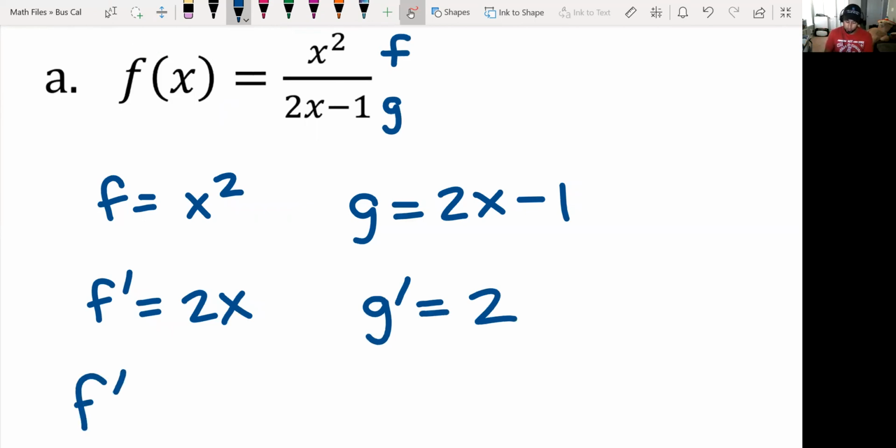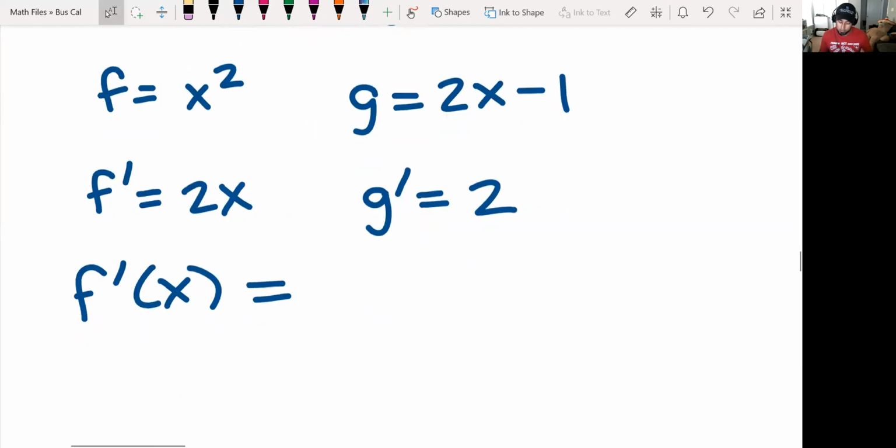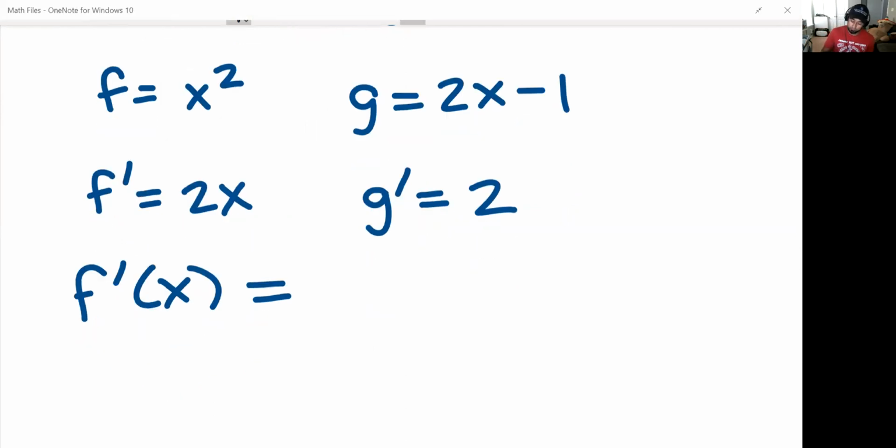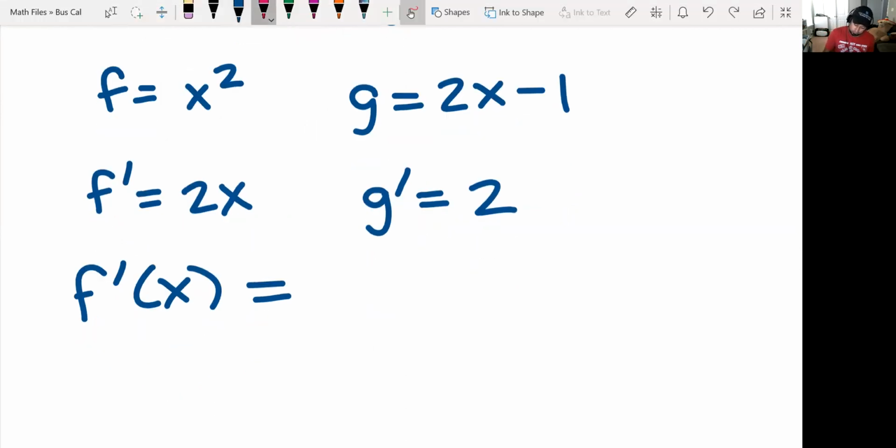So you get f prime of x, and now we follow the formula for the quotient rule. It's still f prime g.